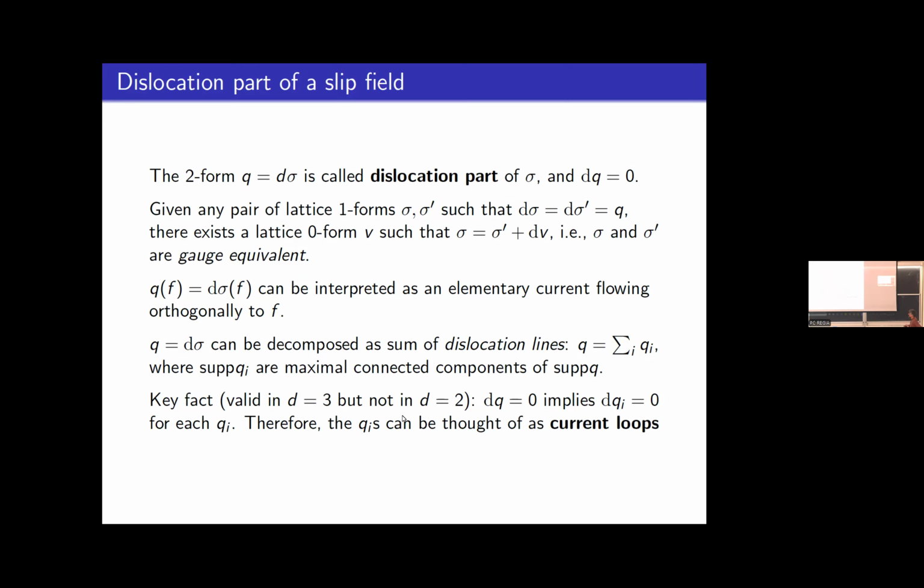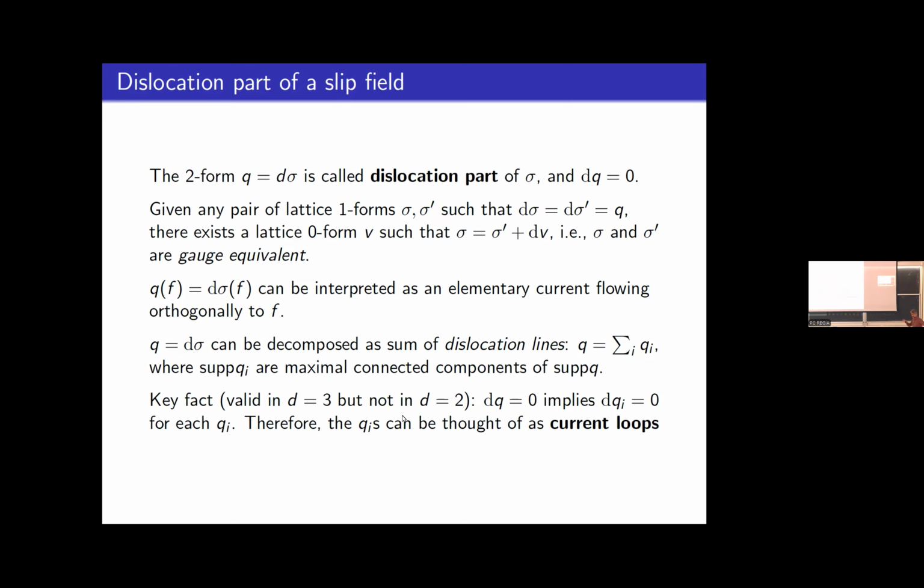Now, a key fact that we will use that makes the analysis in D=3 much simpler than in D=2, and that's why essentially we didn't succeed so far to treat the two-dimensional case, is that in 3 dimensions the decomposition comes with the following locality property. Once you decompose Q like this, if dQ is equal to 0, as in our case, then separately all these dQi's are equal to 0.